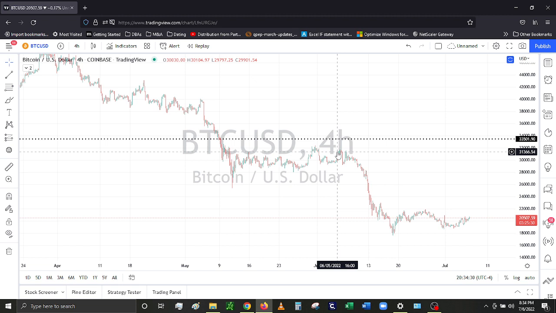But yeah, so like here it looks like kind of a triangle. It's consolidating, right? So if you were to draw trend lines, you could kind of make a triangle here. So that's a lot better of a sign than a descending triangle, because a triangle can break upside or downside.